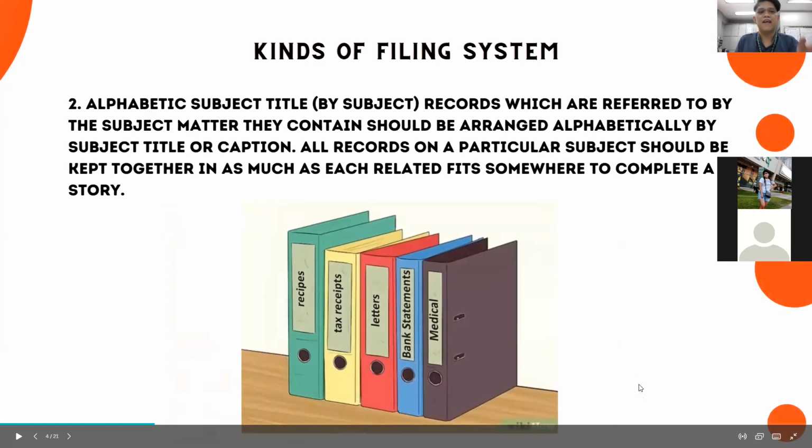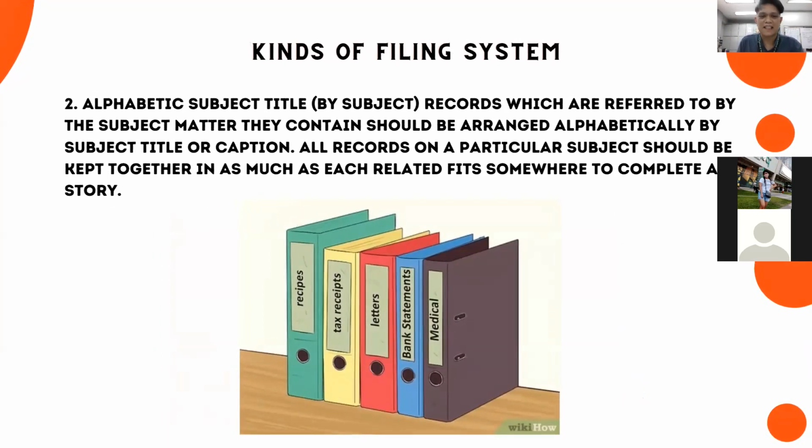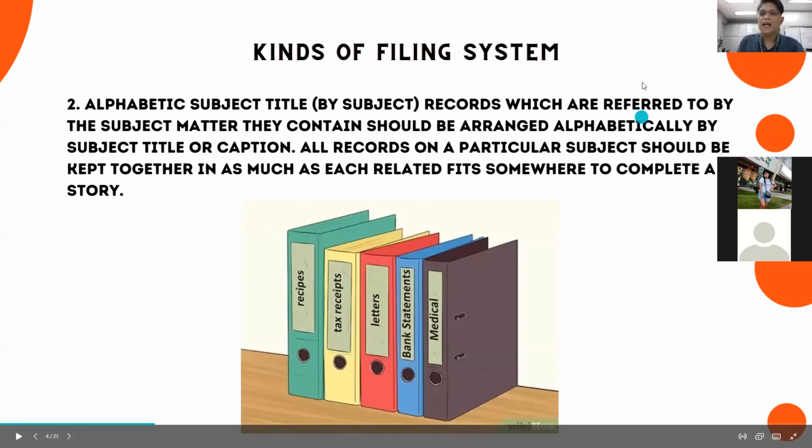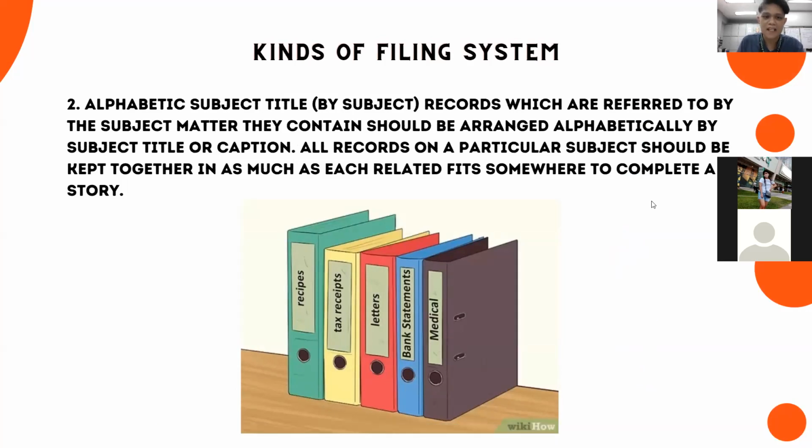The next one is alphabetic subject title, or by subject. Records which are referred to by the subject matter they contain should be arranged alphabetically by the subject title or caption. All records on particular subjects should be kept together, inasmuch as each related item fits somewhere to complete a story. This is where you file based on the subject.